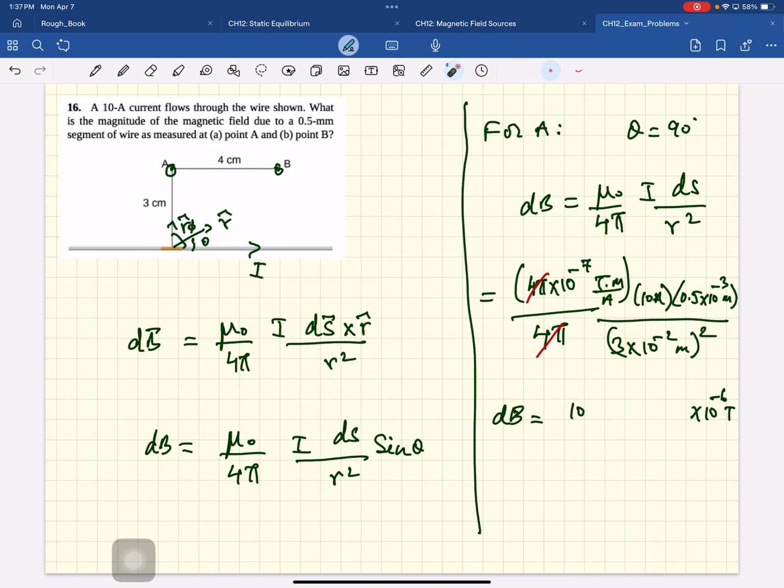So this is 10 times 0.5 divided by 3 squared, which is 9.